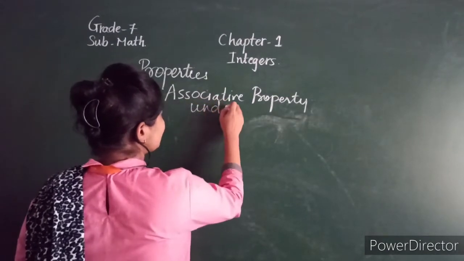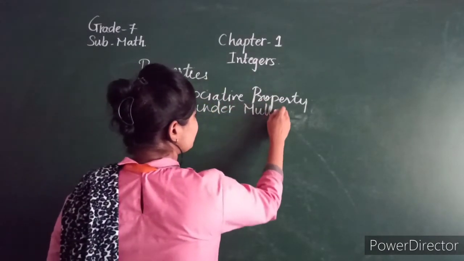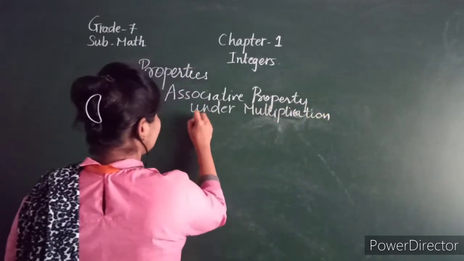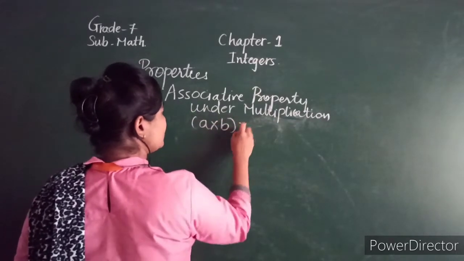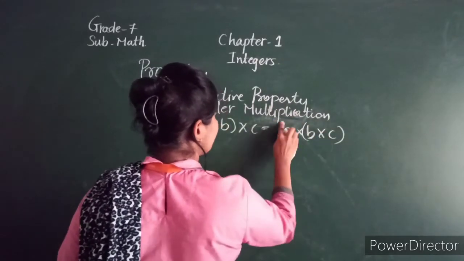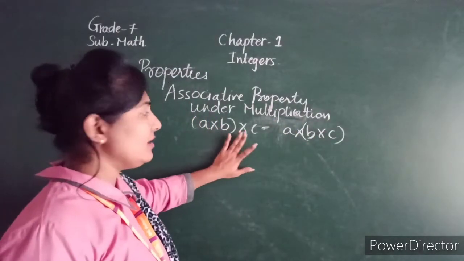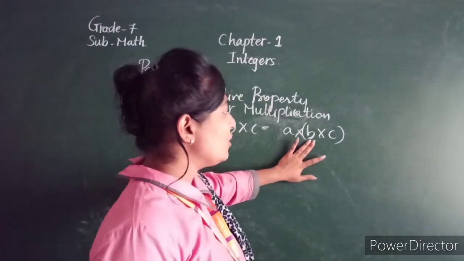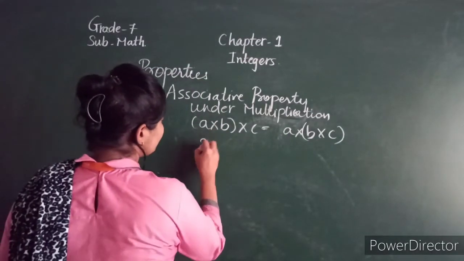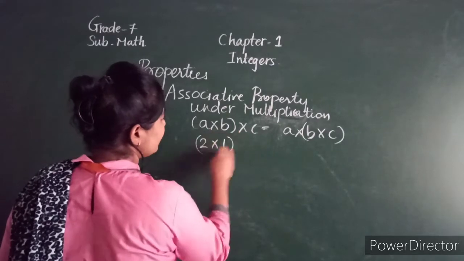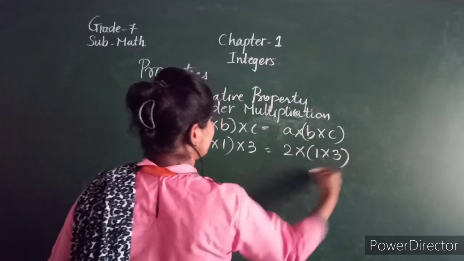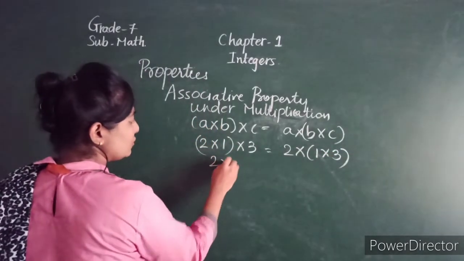So A into B into C, here A into B into C. Here I take the group A and B into C, and here A into the group B into C. If I take 2 into 1 into 3, here 2 into 1 into 3. 2 ones are 2, into 3.